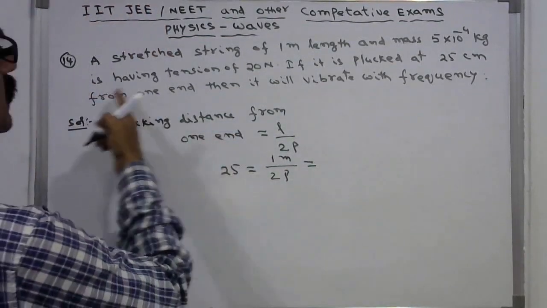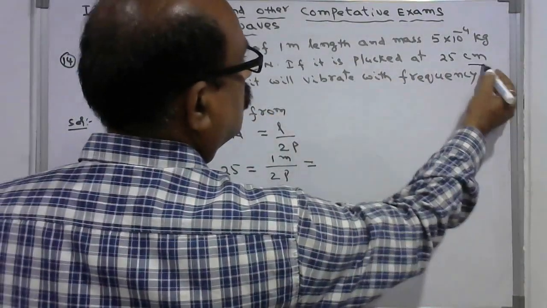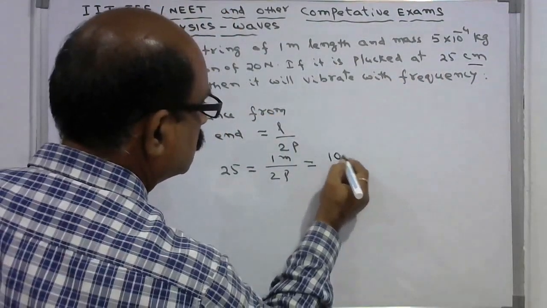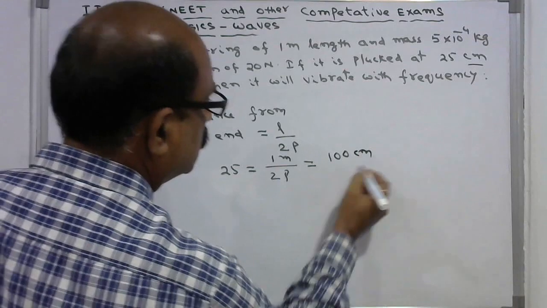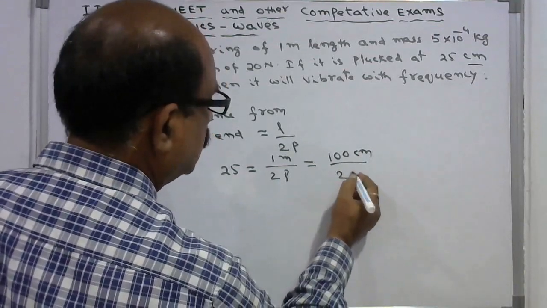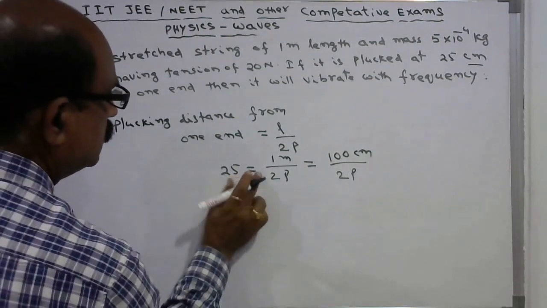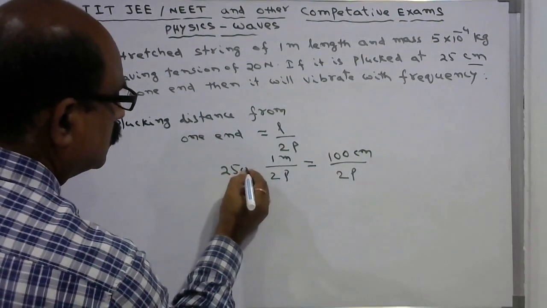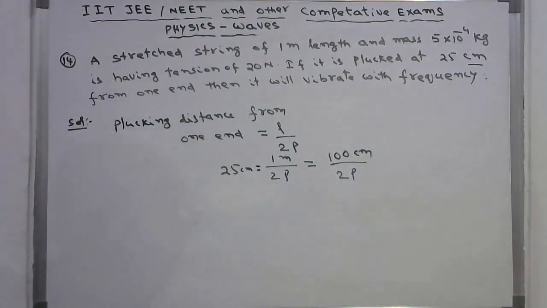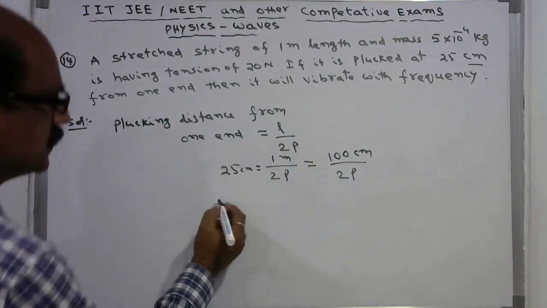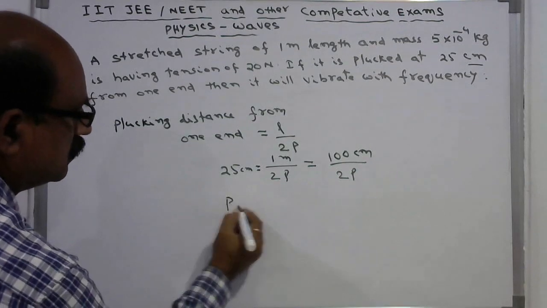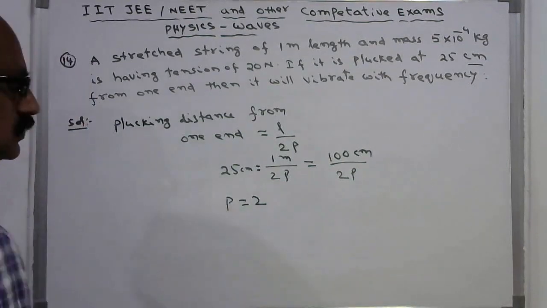But here it is given in centimeters, so we have to convert this as 100 centimeters by 2P. So now from this P becomes 2 loops.